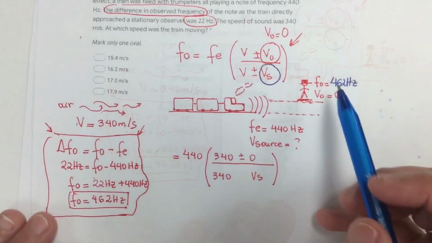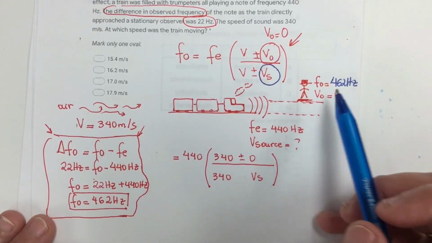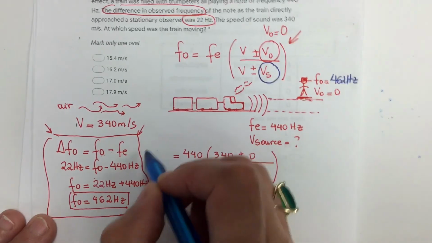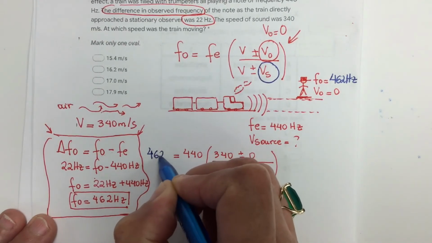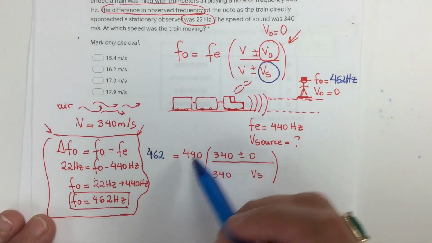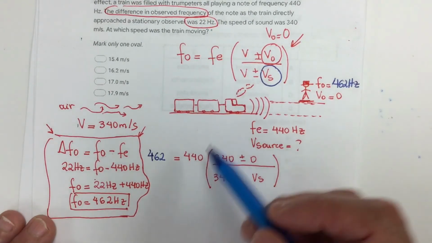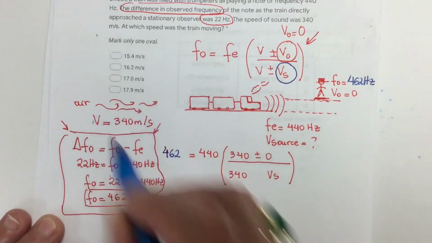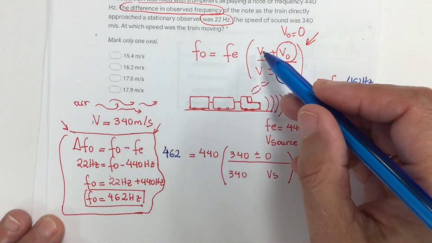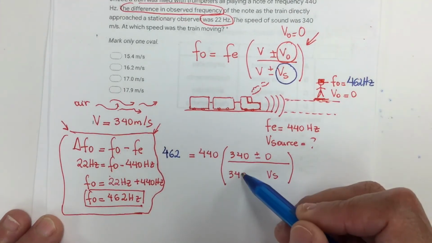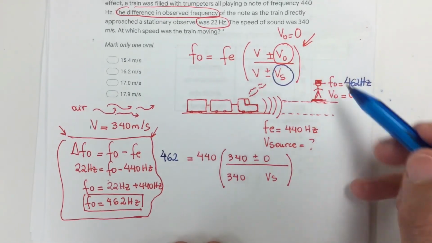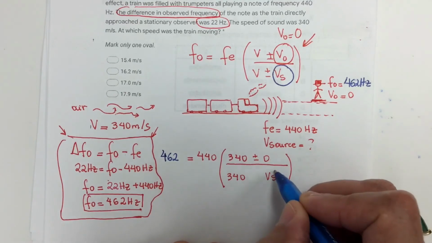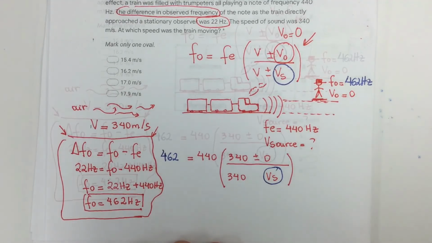So now let's replace our values. FO is 462 Hertz, equal to FE, which is 440. The speed of sound in the air is 340, V and V is the same value. VO is 0 because the observer is stationary, and VS is what the problem is asking.